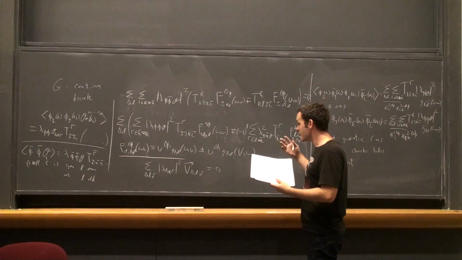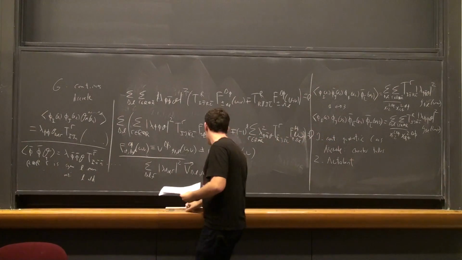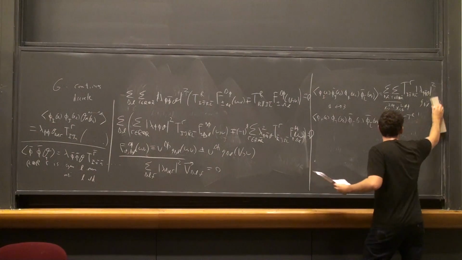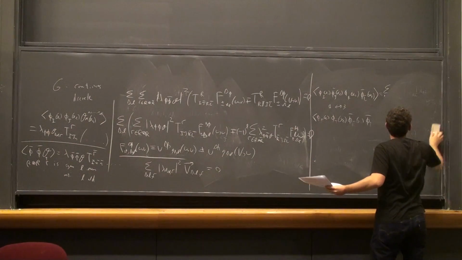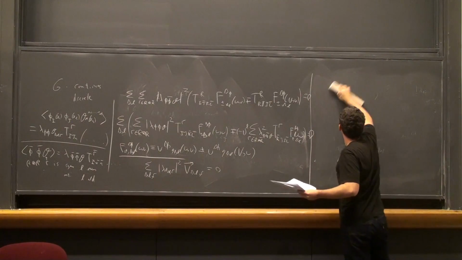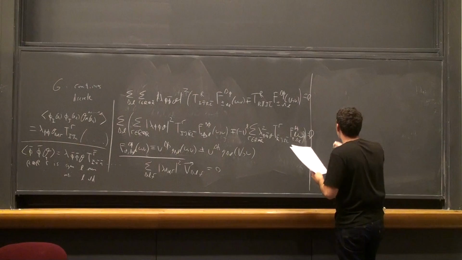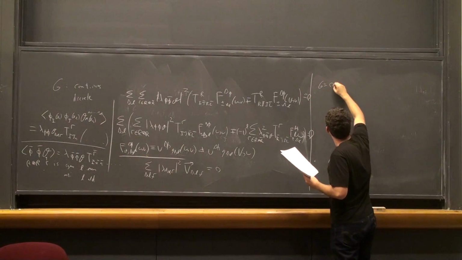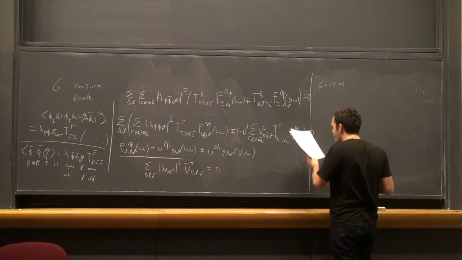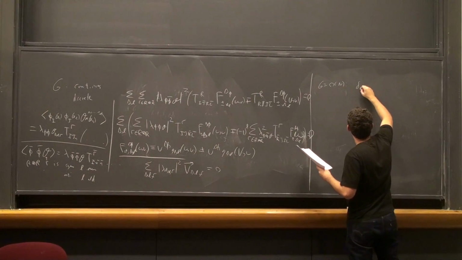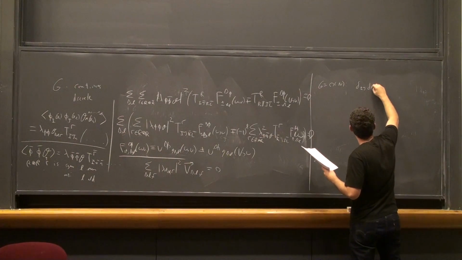So let me give an explicit example, which should make some of this discussion a little bit more concrete. I'll do the simplest example, which is where the group is O(N). And then there are other examples which are given in the lecture notes. So when the group is O(N), then we can consider a basis of tensor structures, which are just going to be various Kronecker deltas.